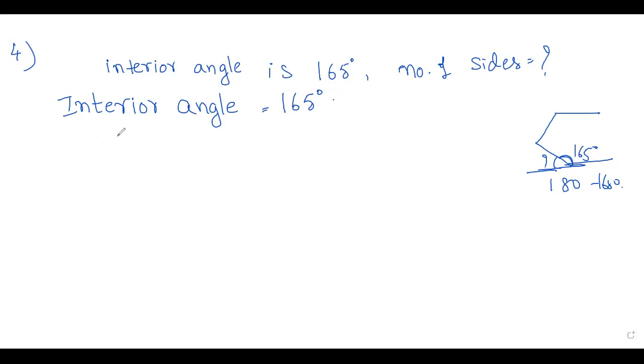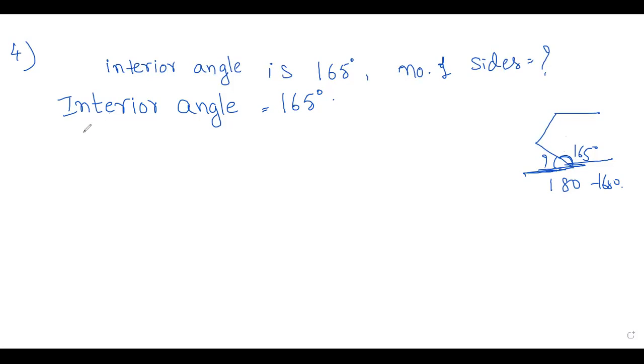Then why are we taking exterior? Inside, we do not know how many angles there are, the number of sides is not known. But for a polygon, however many sides or angles there are, the total is 360, right? So that's why we are taking the exterior angle children. We take the exterior angle sum and find out.